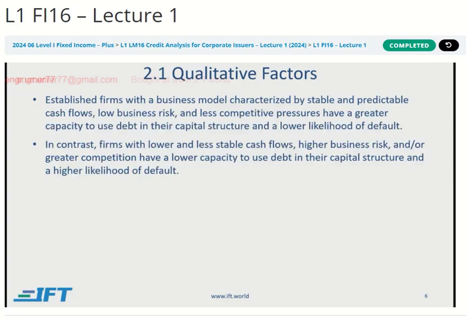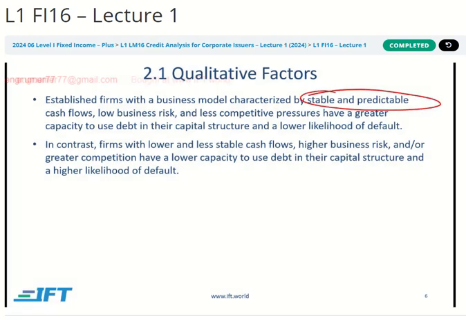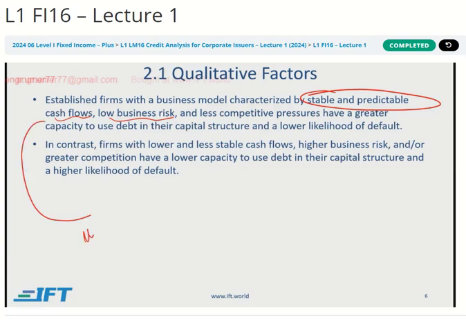Let's get into a bit more detail about all of this. Naturally, what we like is a stable and predictable business, right? So the business risk is low, cash flows are stable, there are fewer competitive pressures, and they will have the ability to use higher debt. One of my particular favorites is utility companies. Usually they have monopolies. Think about your local electricity supplier.